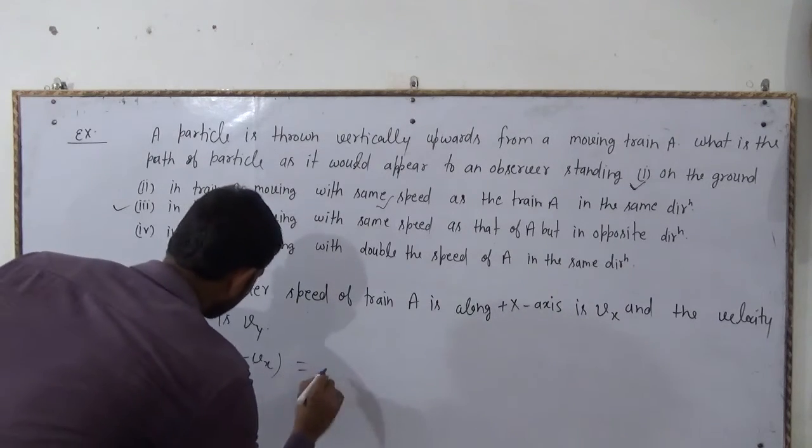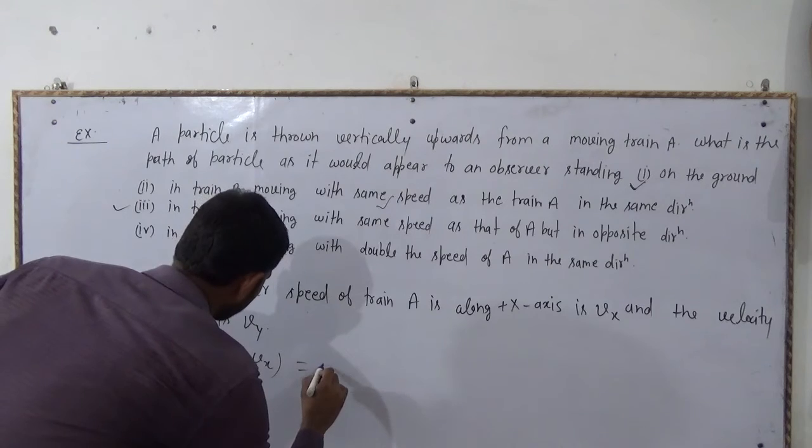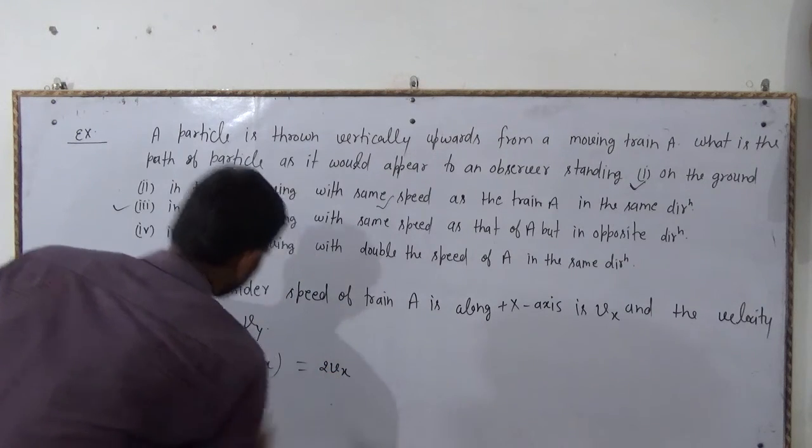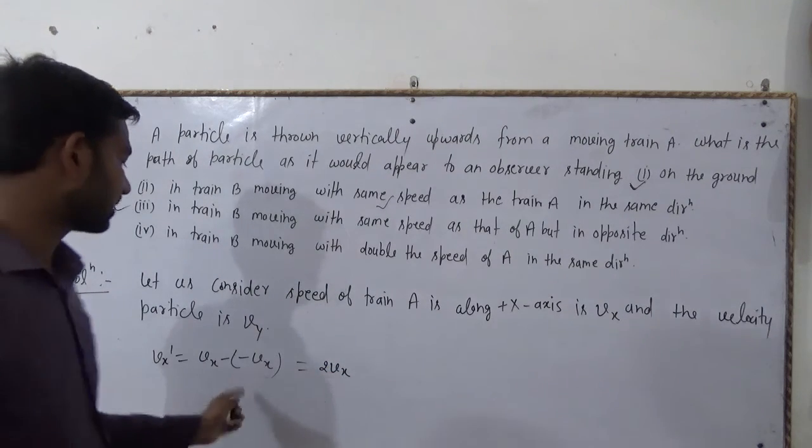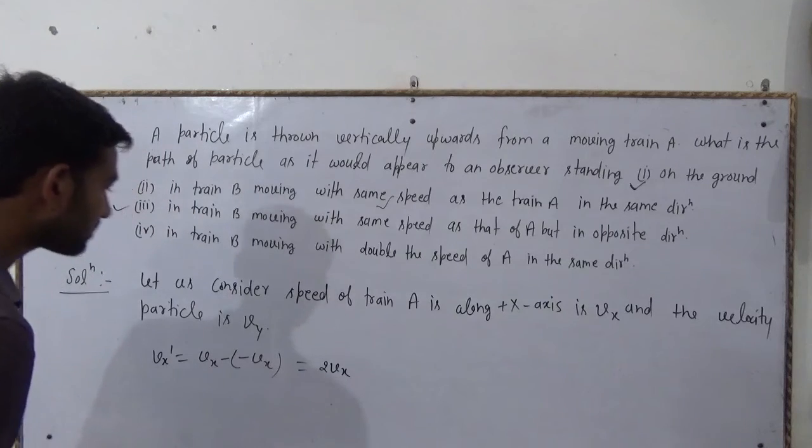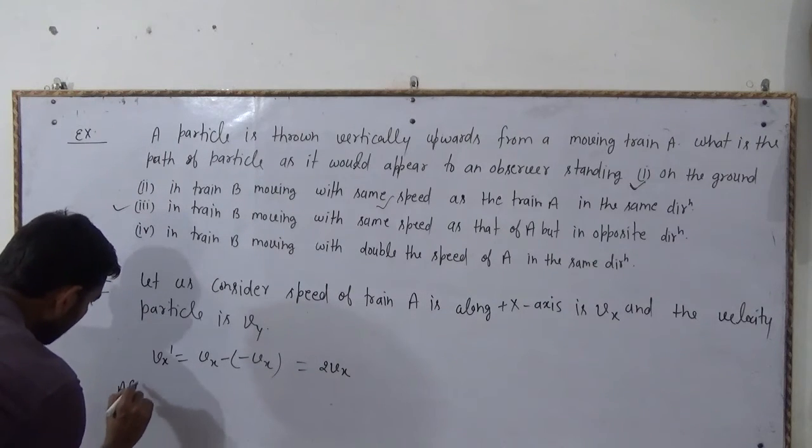So we obtain Vx minus minus Vx, it will be plus, 2Vx.